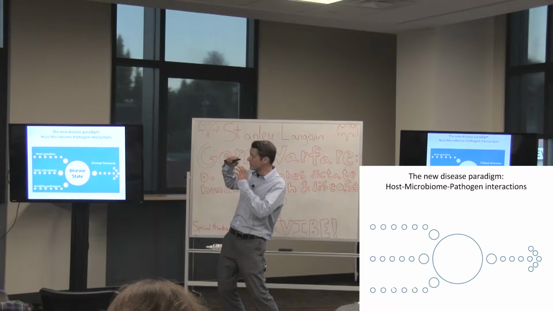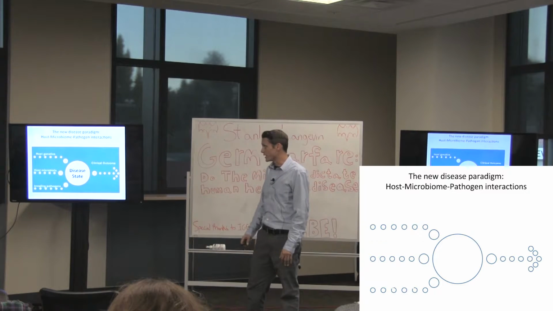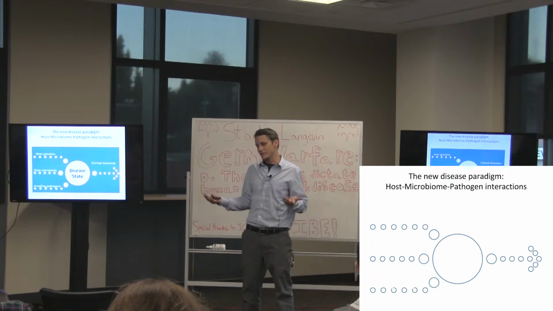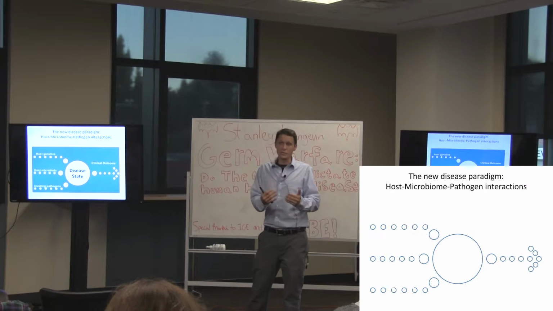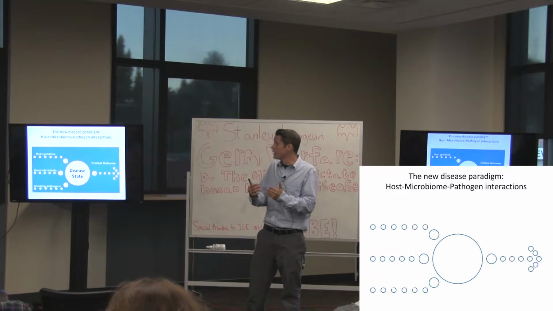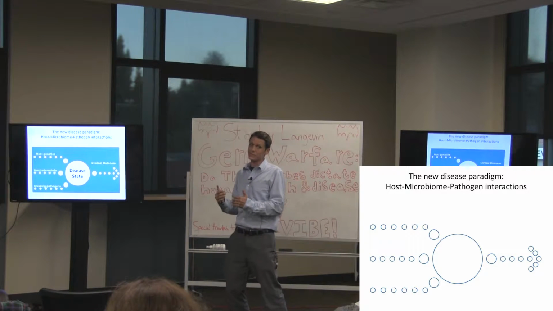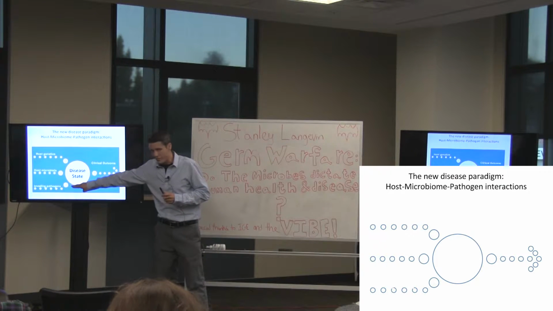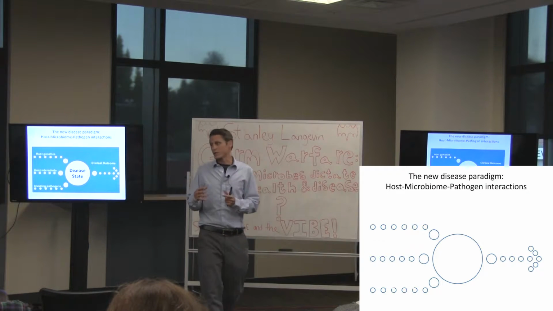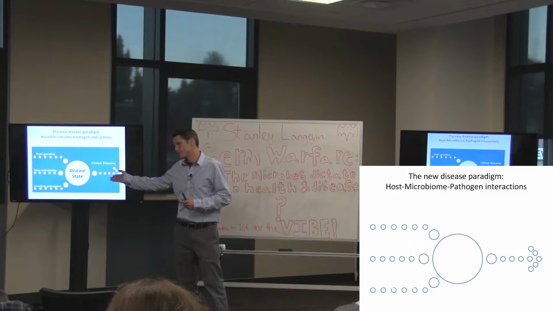So really, what I'm starting to incorporate in disease is that you have your host genetics, and then you have the host microbiome, and then you have your invading pathogens. Whatever your disease state is when that pathogen comes in is really what's going to determine your clinical outcome.